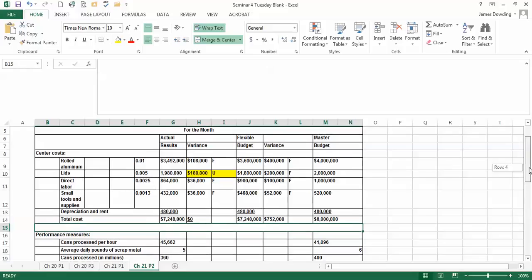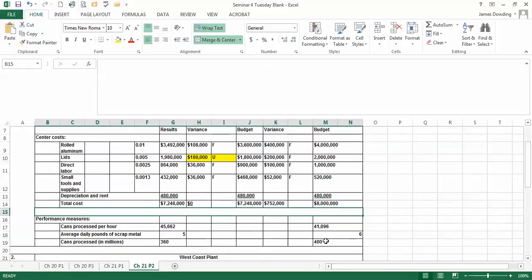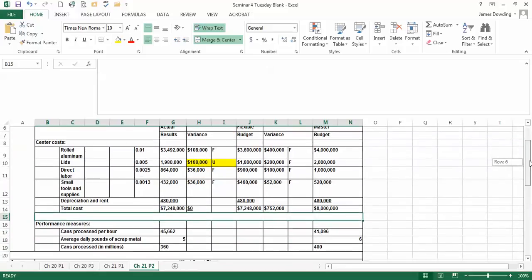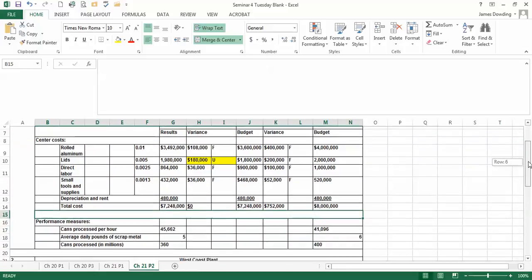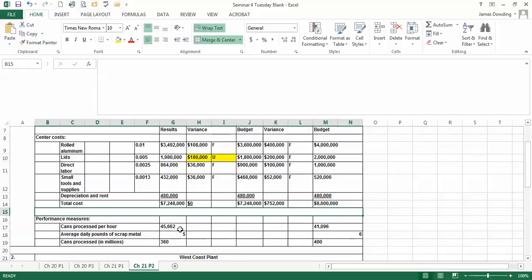Now we have one last thing to do down here. What's our cans? We had anticipated that we would produce 41,000 cans per hour. We did 45,000, so we're actually better on that. So let's calculate the variance there.